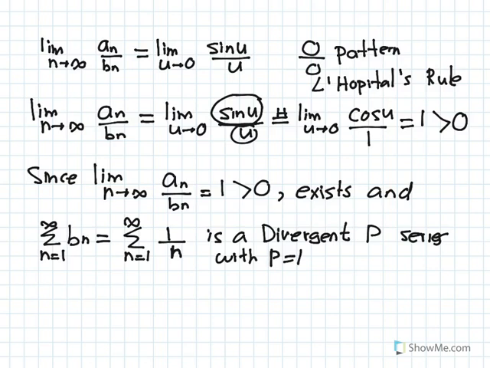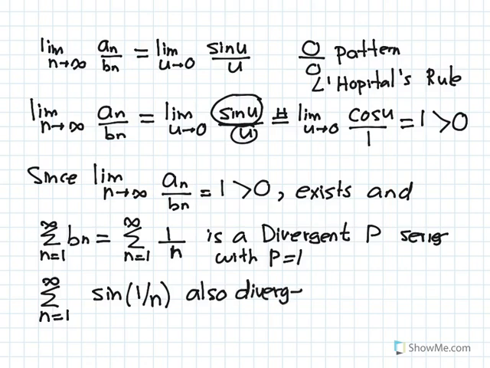So therefore, the given series that we have, which is summation n equals 1 to infinity sine of 1 over n, also diverges by the limit comparison test.